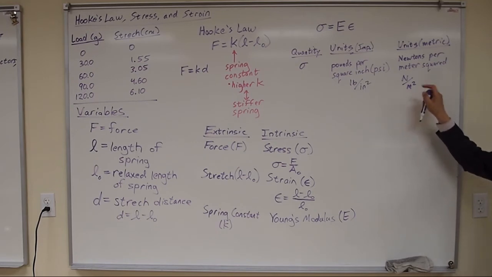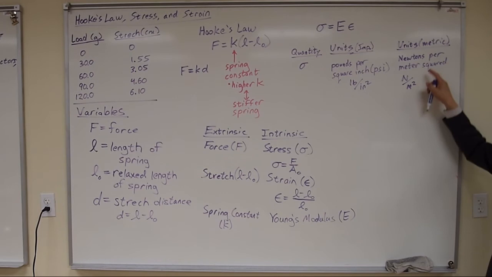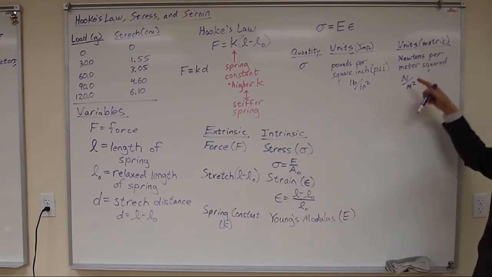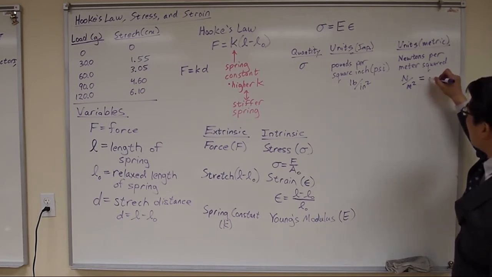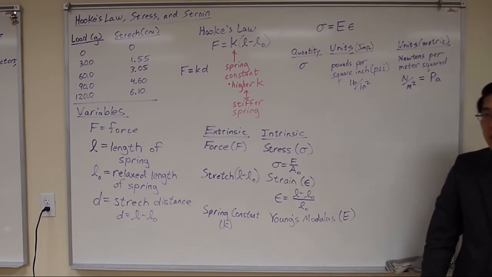So this should not be too surprising, that we have units of force divided by units of area again, because the units have to be consistent with the calculation. However, the term newtons per meter squared is a bit of a mouthful, so this is commonly abbreviated as a Pascal, Pa.